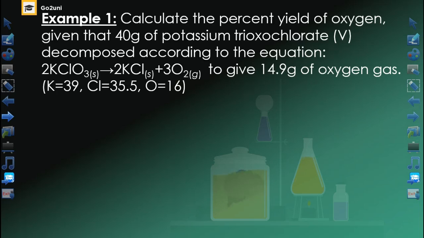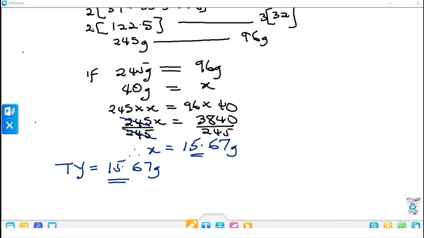Now, the fact is that theoretical yield is always more than actual yield. In any percent yield question, theoretical yield will always be more than actual yield. So our theoretical yield gave us 15.67 grams, but their actual yield gave 14.9 grams. So it tells us that within experimental errors, they are having 14.9 grams.